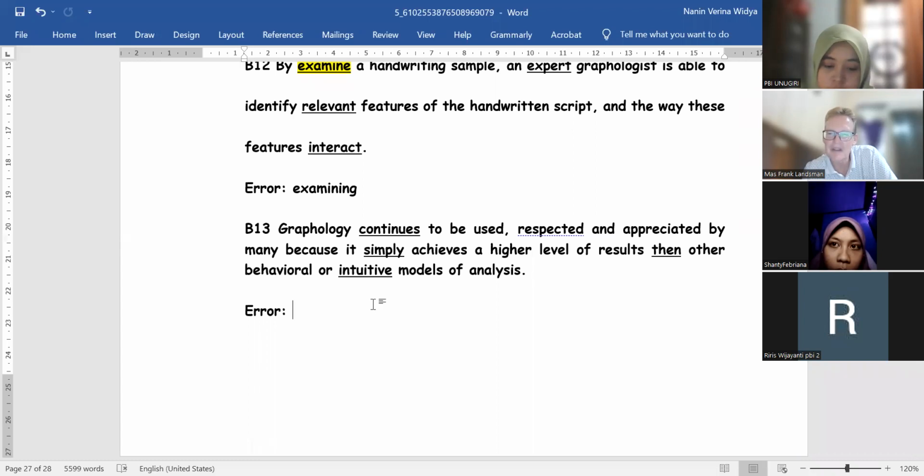Graphological report is expensive, but it's useful. So a higher level of results compared to daripada, itu benar, then how do you spell daripada in English? How do you pronounce it? Then with an A. Yeah, with an A, very good.